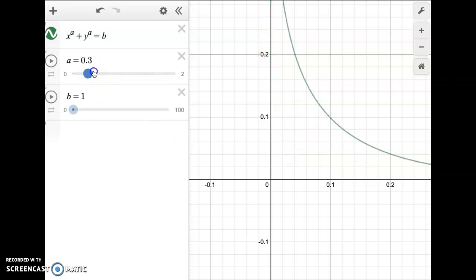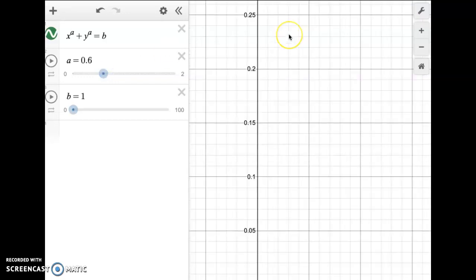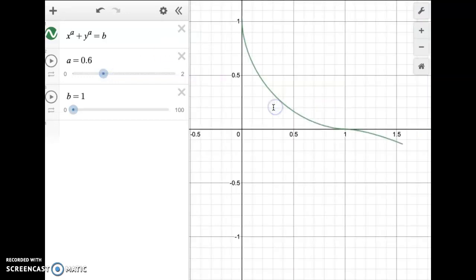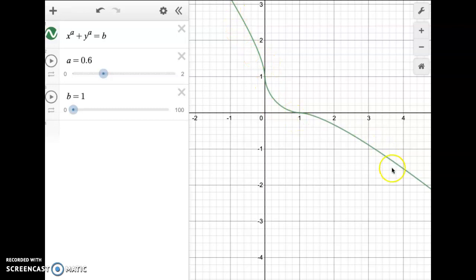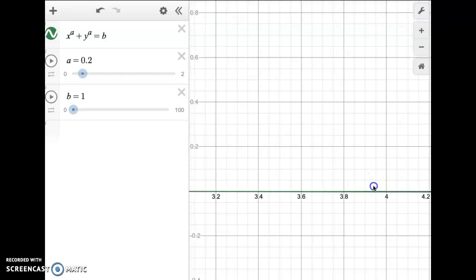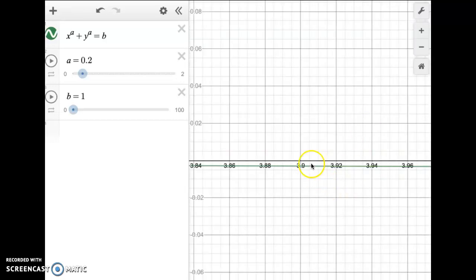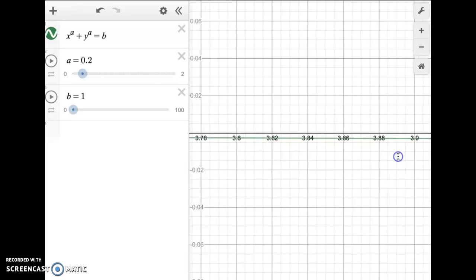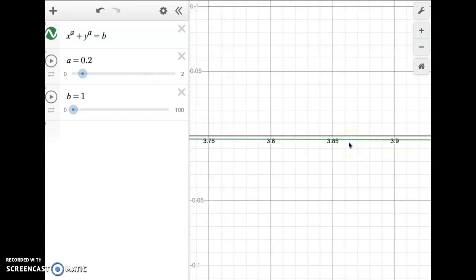0.6. I'll move back to 0.6. That's 0.5. 0.6, where there are tails, but the difference between 0.2 and 0.6 is that the tails kind of extend. It almost seems like it would be on the x-axis, but it's actually not touching the x-axis.